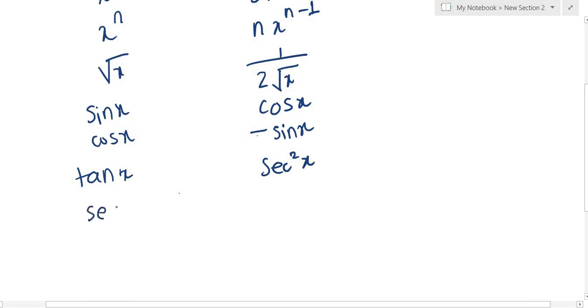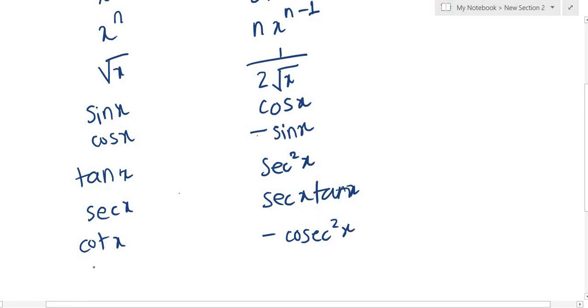If you have the secant of x, it's the secant of x times the tangent of x. And if you have the cotangent of x, it's negative cosec squared of x, and for the cosec of x, you have negative cosec of x times the cot of x.